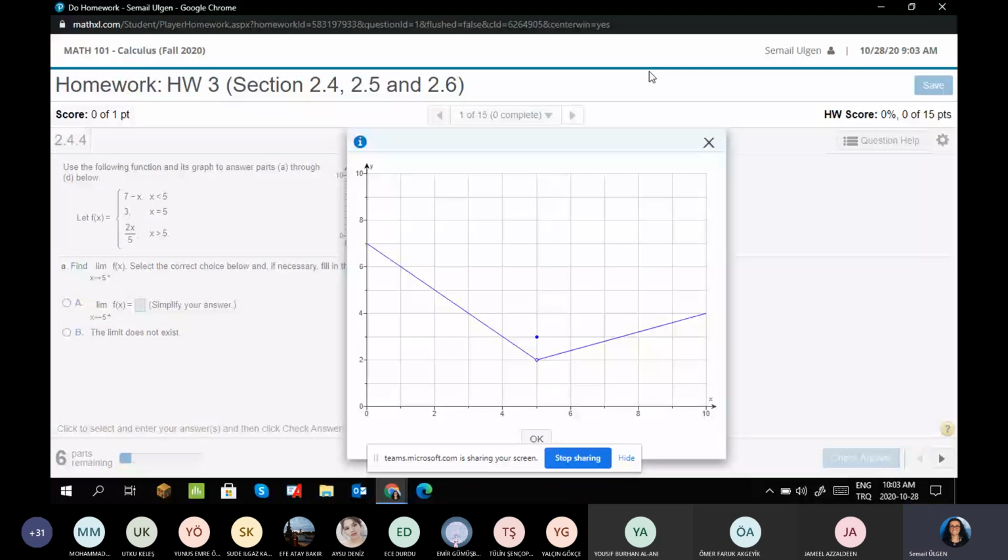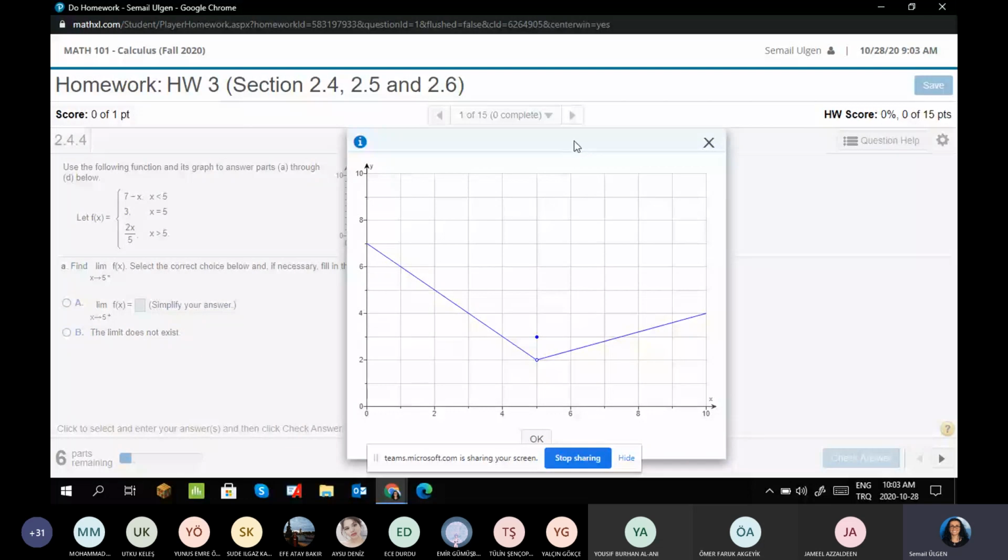Look, until 5, it is 7 minus x. This is the line. At 5, the value is 3. And after 5, the graph is 2x over 5. See, there are 3 pieces.